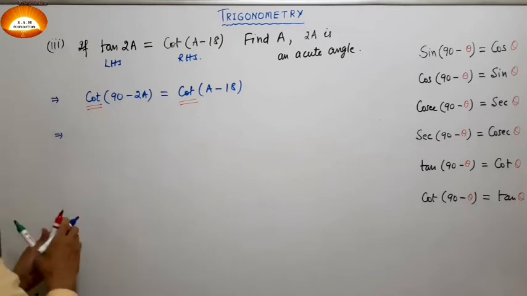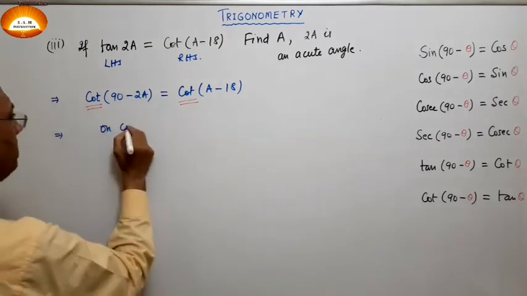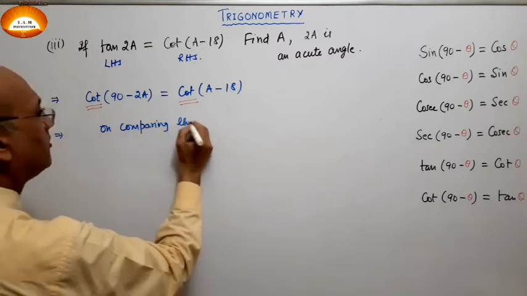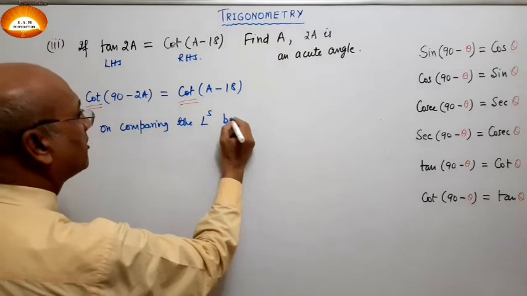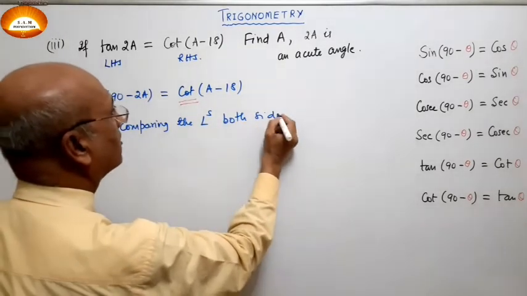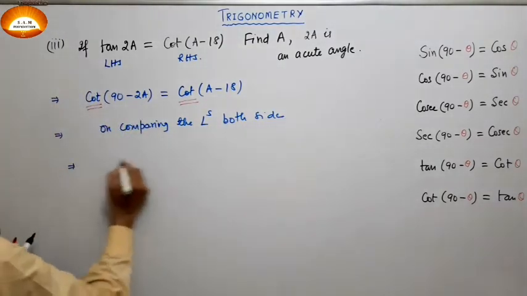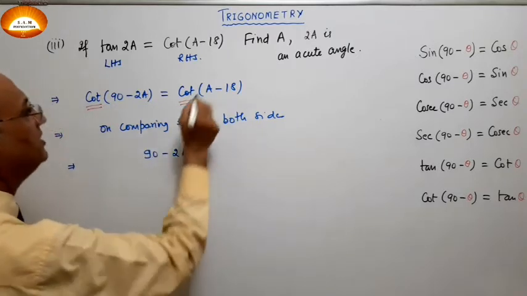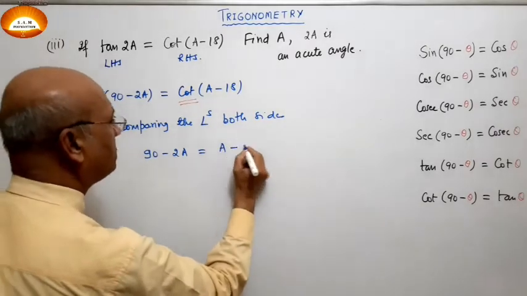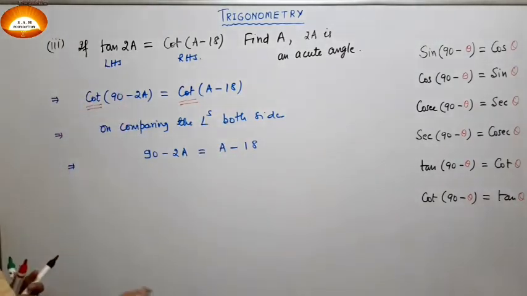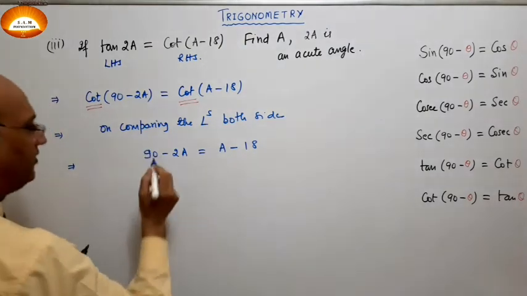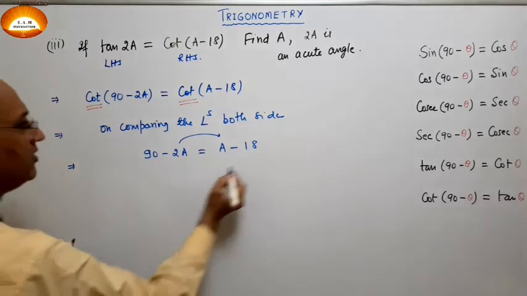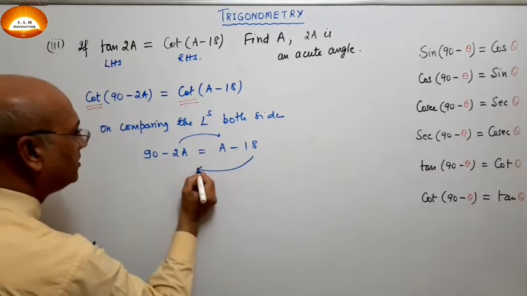So on comparing the angles of both sides, here the angle is 90 minus 2a and here the angle is a minus 18. Okay. Now what we are going to do, we'll transfer this 2a to this side and this minus 18 to this side.